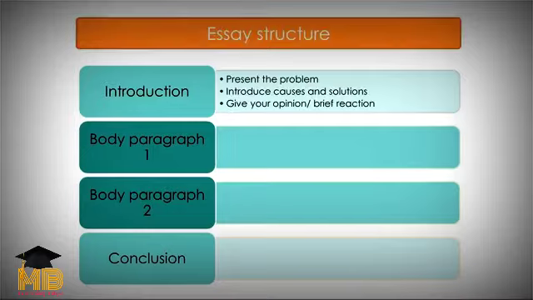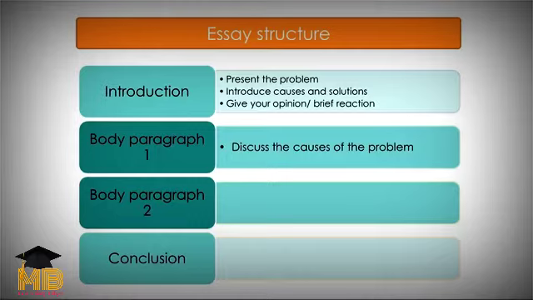In the introduction, you present the problem, introduce the causes and solutions you're going to discuss, and give your opinion or your brief reaction to the question. In the first body paragraph, you talk about the causes of the problem. Why can't university graduates find a job in their field?